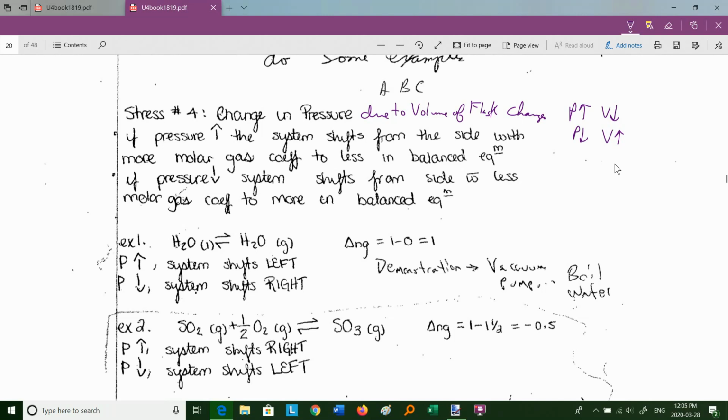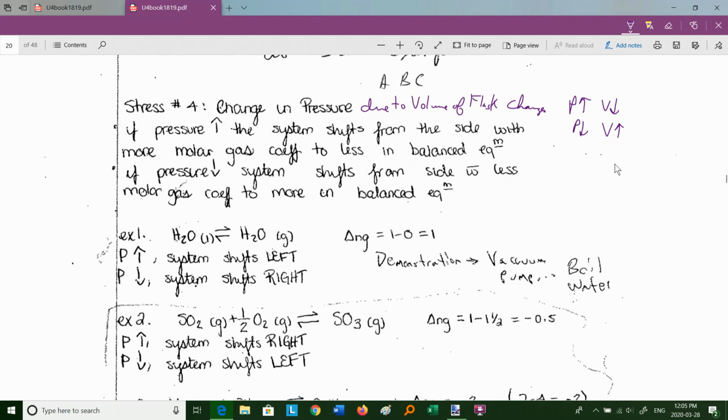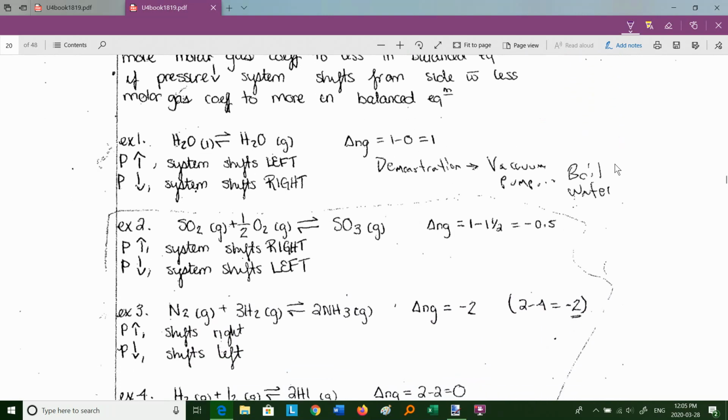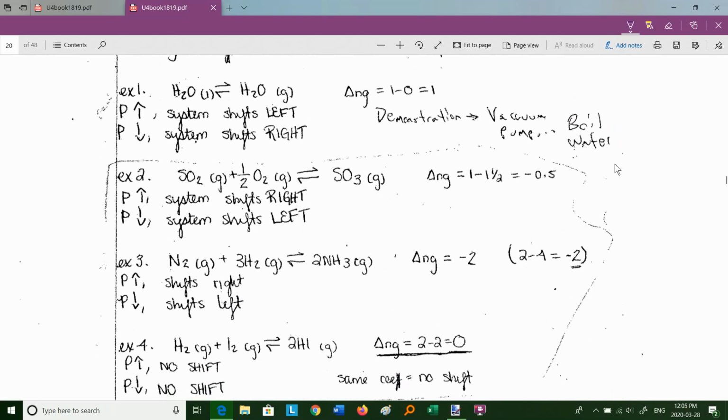So let's look at the first example, which is near the middle of page 20. Here I have a physical equilibrium between H2O liquid and H2O gas. The delta Ng is 1. I find 1 gas mole coefficient on the right, 0 gas mole coefficients on the left.